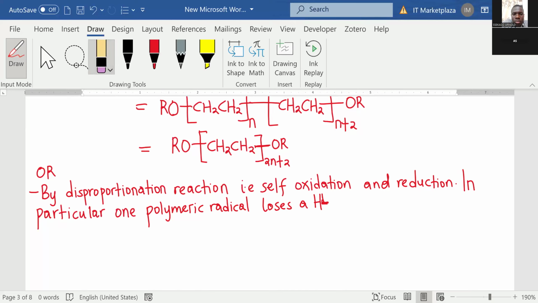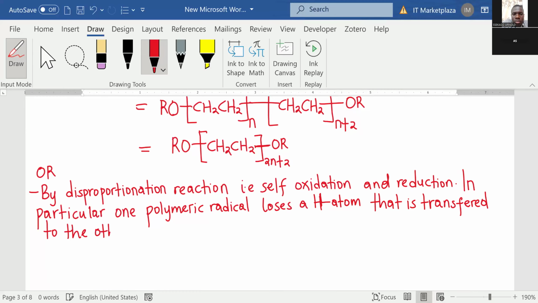One polymeric radical loses the hydrogen atom that is transferred to the other polymeric radical.